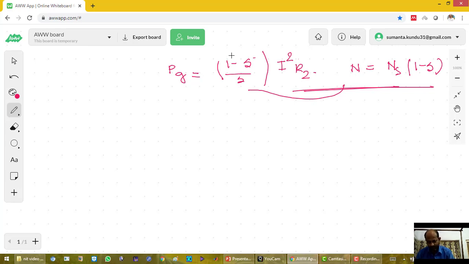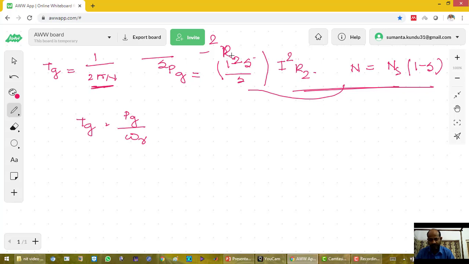If this is the power, then torque Tg equals Pg by omega r, where omega r is the rotor speed in angular terms, equal to 2 pi N. So this equals 1 by 2 pi N into (1 minus S) by S into I2 square R2.